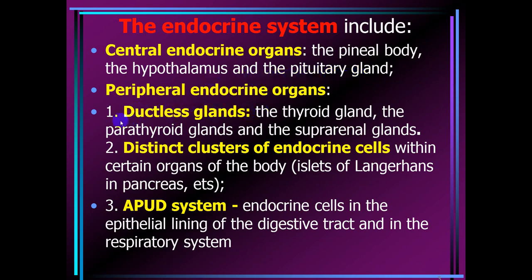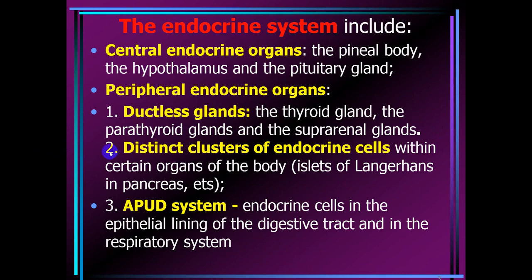Peripheral endocrine system has three components. First of all, it is ductless glands, glands which lack system of excretory ducts. For example, thyroid gland, the parathyroid gland, and the suprarenal glands.